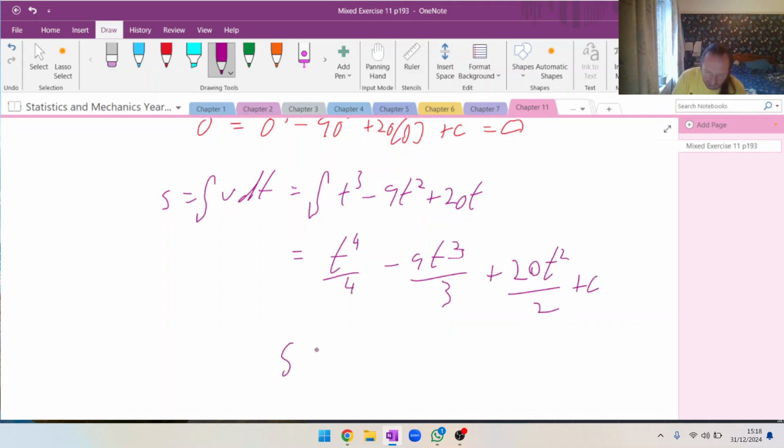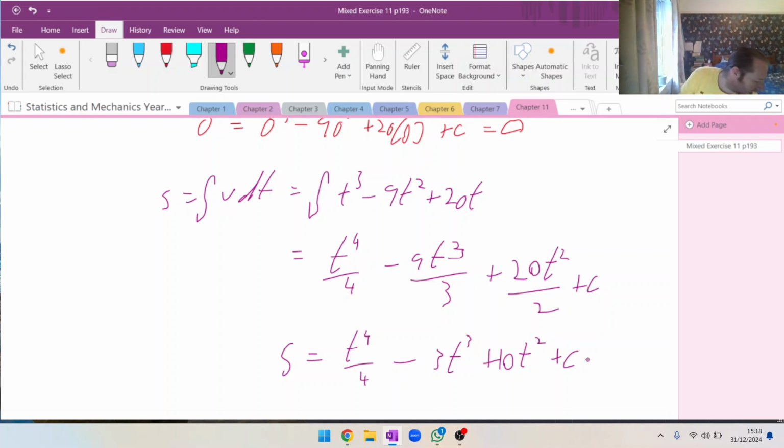So the distance is equal to t to the power 4 over 4 minus 3t cubed plus 10t squared plus c.